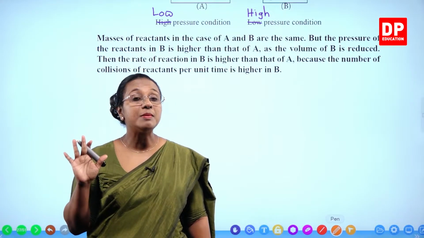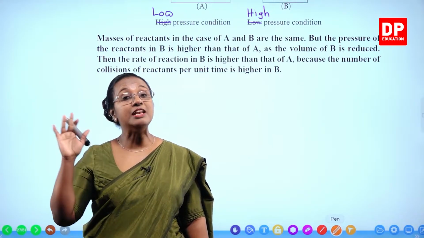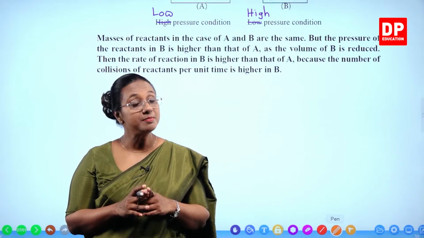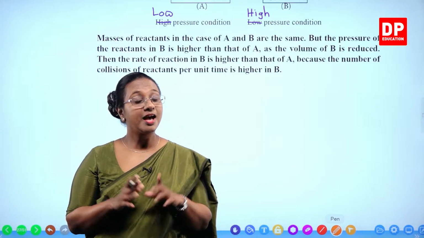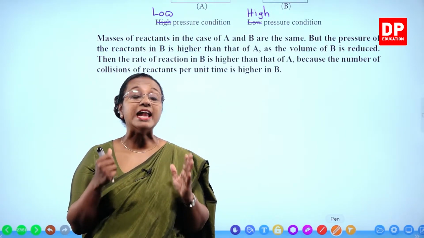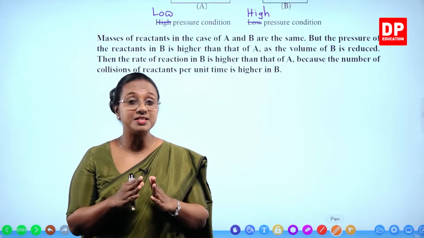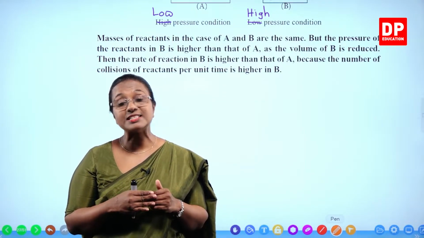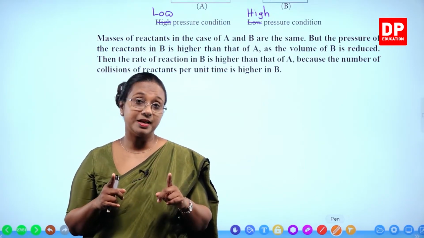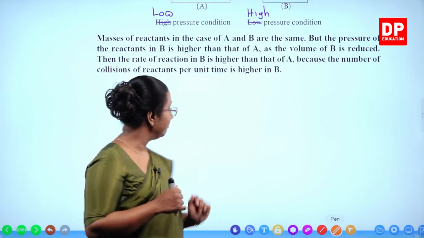Can you all remember an activity that we did in one of your previous grades? Are you all familiar with the compressibility of gases? I am sure you know that. By applying a force, if you can decrease the volume of a substance, then that is known as compressibility. And you all know gases can be compressed. To do that, what did we do?